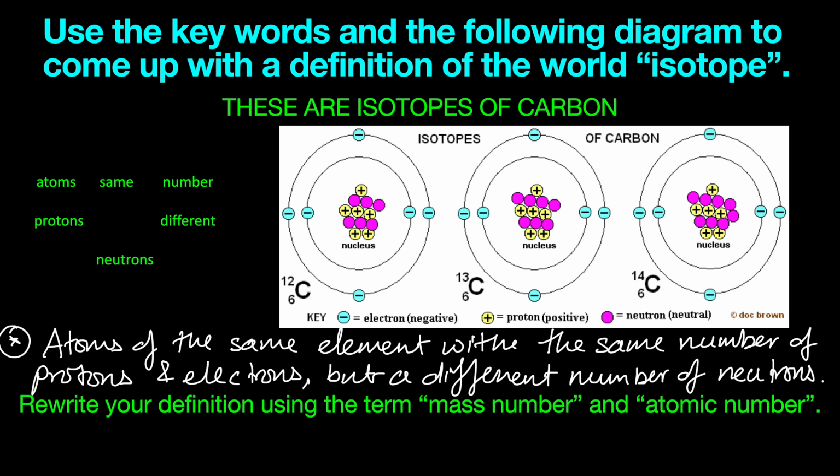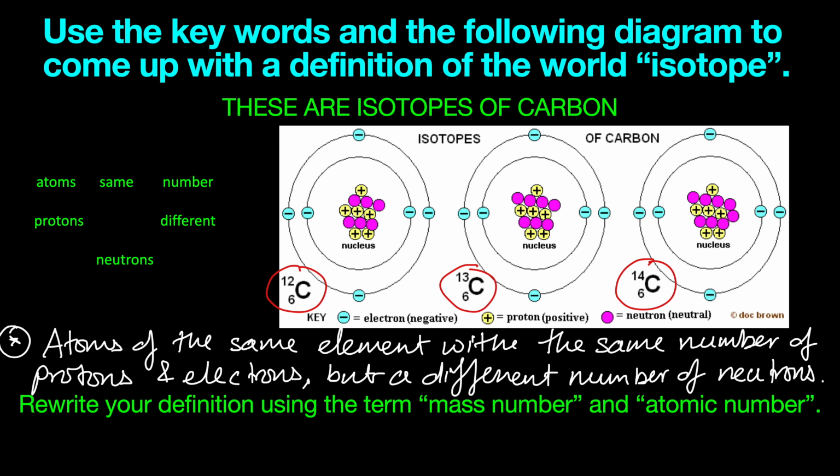If you can, try and rewrite this definition using the term mass number and atomic number. Pause the video and have a go. So to do this, all you need to do is look at these symbols here.